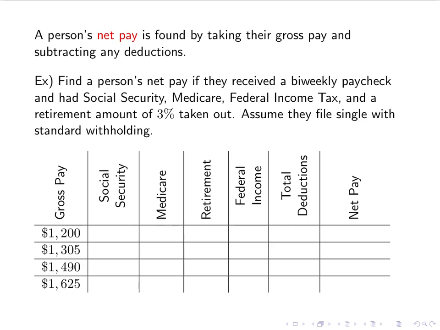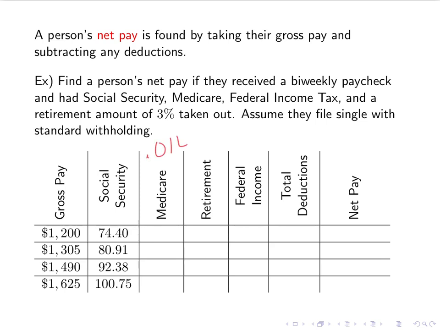So Social Security, remember, is 6.2% of the gross pay. So we're going to take the gross pay, multiply by 0.062 to get the numbers for Social Security. And if we do that, we should get those guys right there. And I want you to double check that math, make sure those are correct. For Medicare, that's 1.45%.